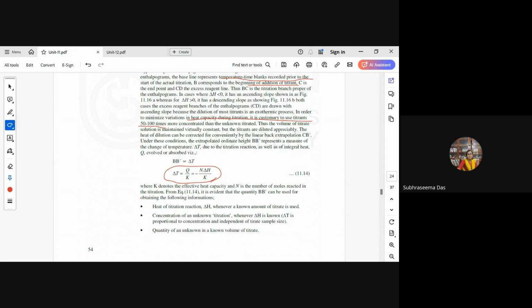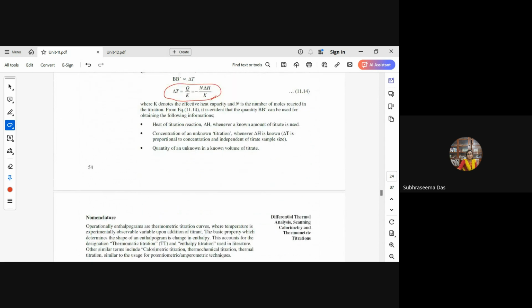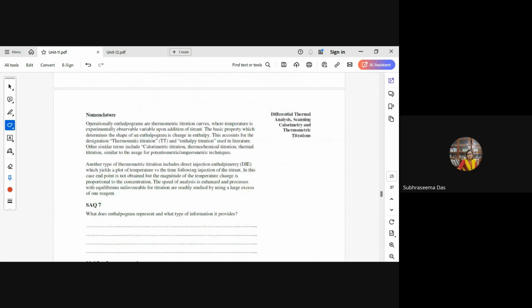From this equation, the quantity BB dash, extrapolated from the graph, can be used for obtaining various information, such as the heat of the titration whenever a known amount of titrate is used. From this equation we can also know the concentration of an unknown titrant whenever delta H is known, and we can also know the quantity of an unknown in a known volume of a titrate. So this is how thermometric titrations are made.